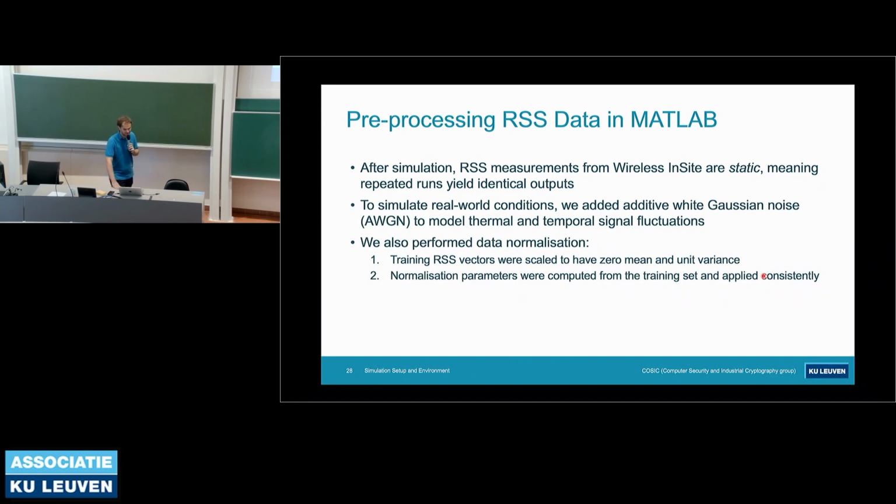The key step here is that in Wireless InSite, the measurements are static, meaning they're only based on the geometry of the room and the environment, so if you repeated the measurement, you would get exactly the same results. To make things even more realistic, we added some noise. We also did data normalization, which is a pretty usual procedure when training a neural network.